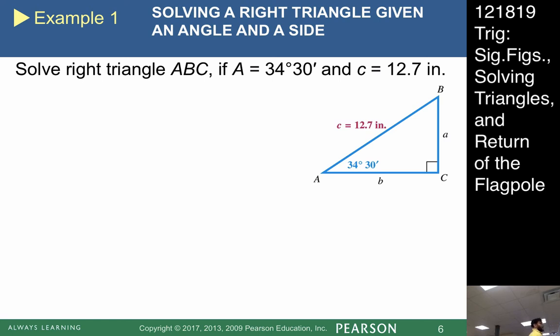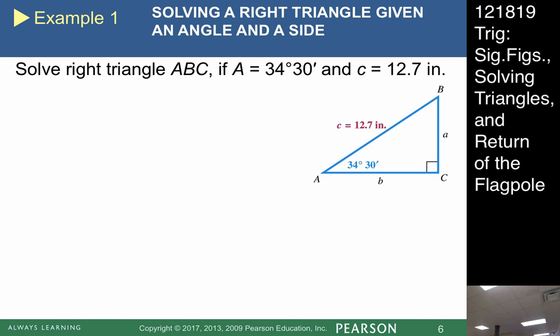And what have we been talking about in trig? Sine and cosine and tangent. Yeah. So what is sine? Sine is y over r, also known as SOHCAHTOA.